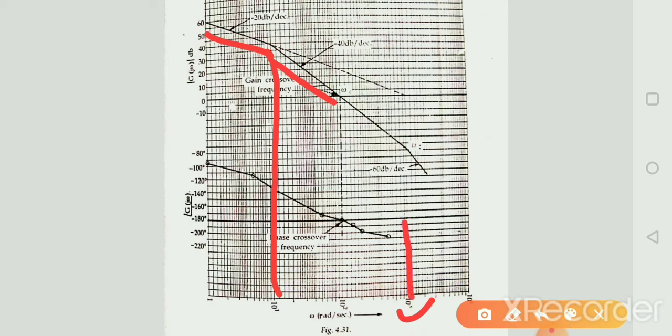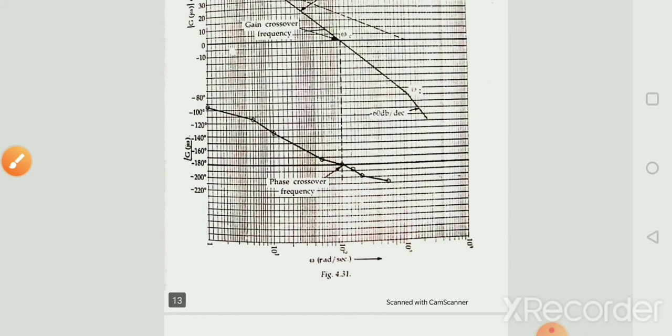So this curve of minus 40 goes up to 1000. For the next pole, minus 40 plus minus 20 is minus 60. So our next curve is minus 60, and here we have no more frequencies, so we end it like that. So this is our magnitude curve.